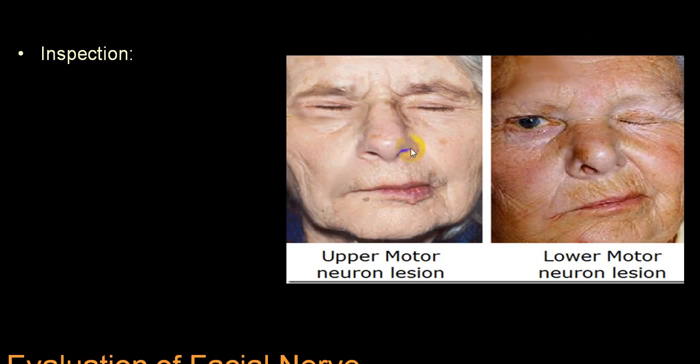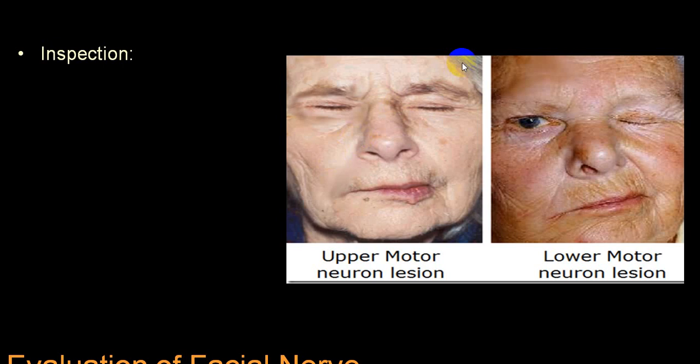While here, if you see, the person is able to close the eye, there is a little amount of eyebrow elevation, but the nasolabial fold is not clear and the angle of the mouth is drooping down. This is the lower half of the face being paralyzed. This is innervated by the opposite side cerebral cortex.